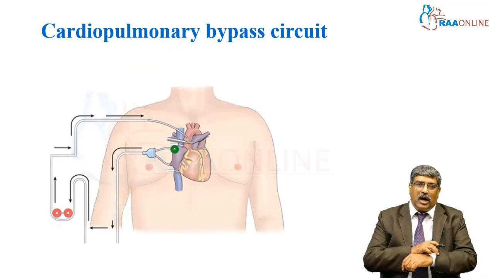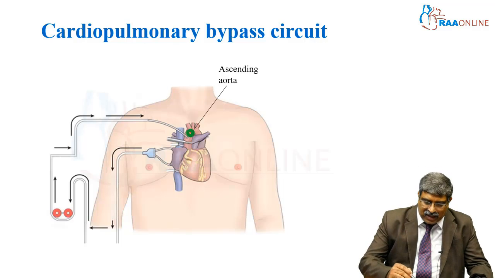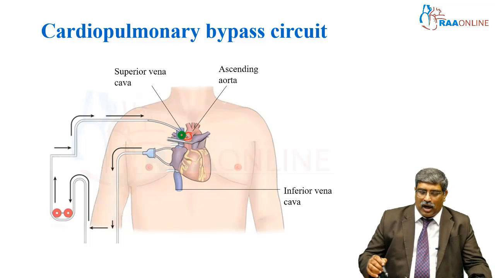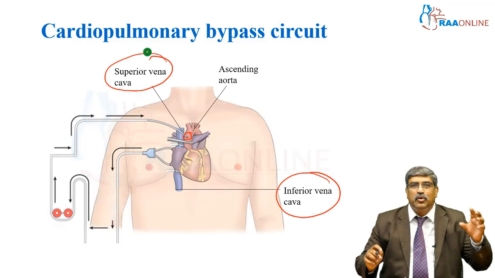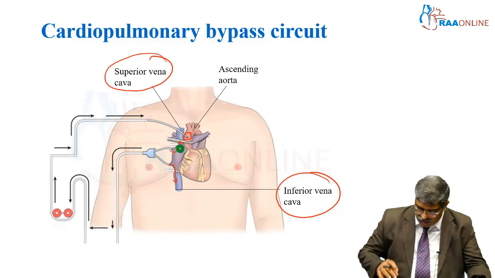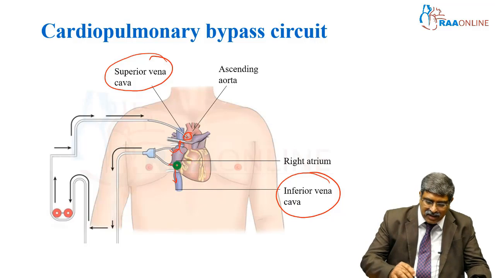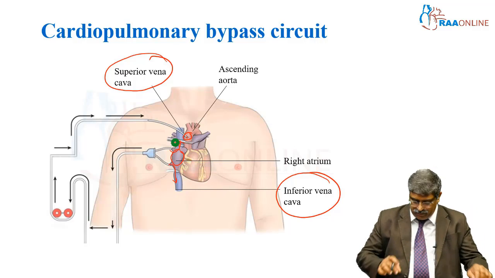Now coming to the cardiopulmonary bypass circuit. This is the ascending aorta where you place the aortic cannula, and you have the superior vena cava and inferior vena cava where you do a bicaval cannulation. One cannula goes to the IVC, one cannula goes to the SVC, or you can cannulate just the right atrium, which is known as right atrial cannulation.